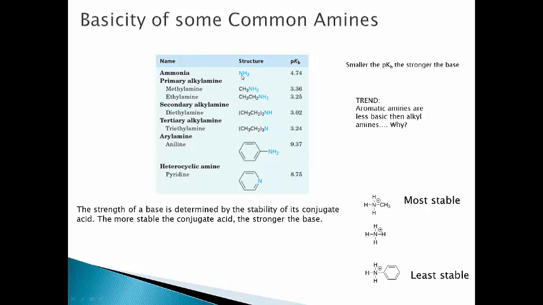So if we look at NH3, if it was to pick up an extra proton and act like a base to become the conjugate acid, we'd get NH4 plus, and that positive charge is just being held by hydrogens. Whereas if we had methylamine and it picked up an extra proton and made the N plus charge, it's more stable because the nitrogen is being helped out by the carbon to stabilize that positive charge.